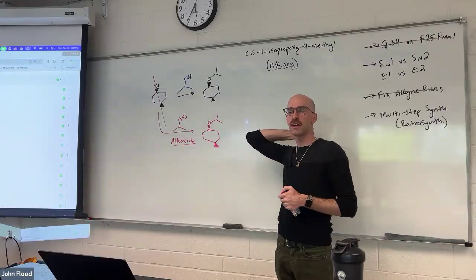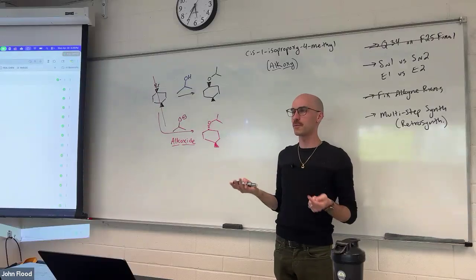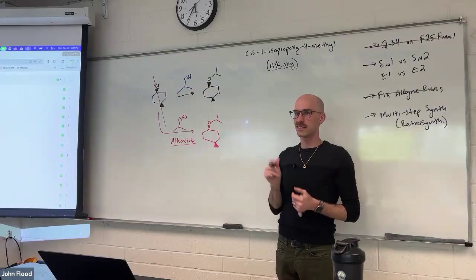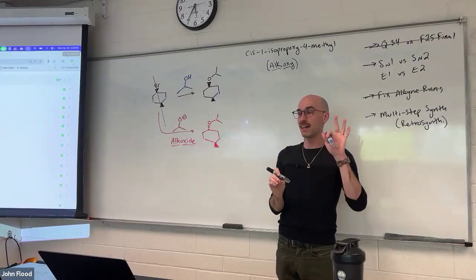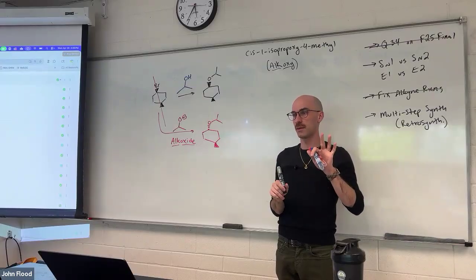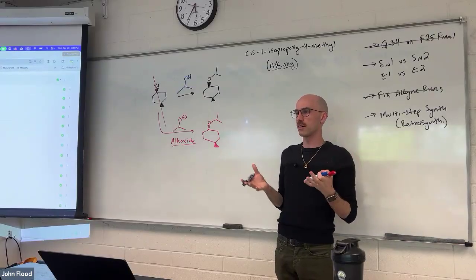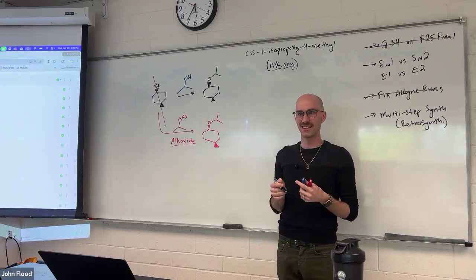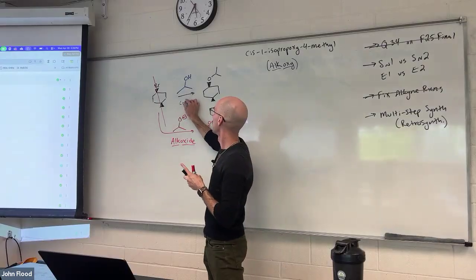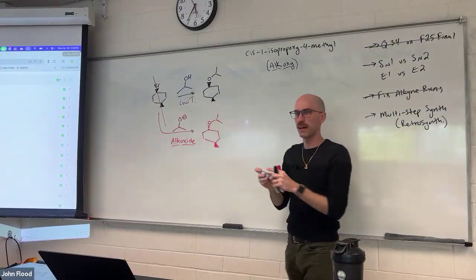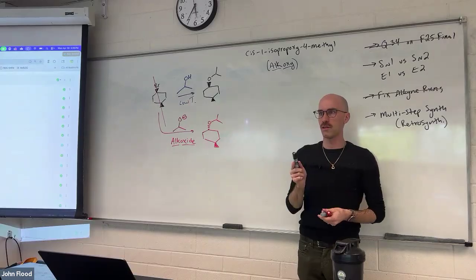Yeah, you're right. I should clarify the temperature control to say that I'm promoting substitution and I'm not trying to get competition with elimination. But let's just say that we are looking for the elimination product. I can add low temp to further clarify that I'm just doing substitution.